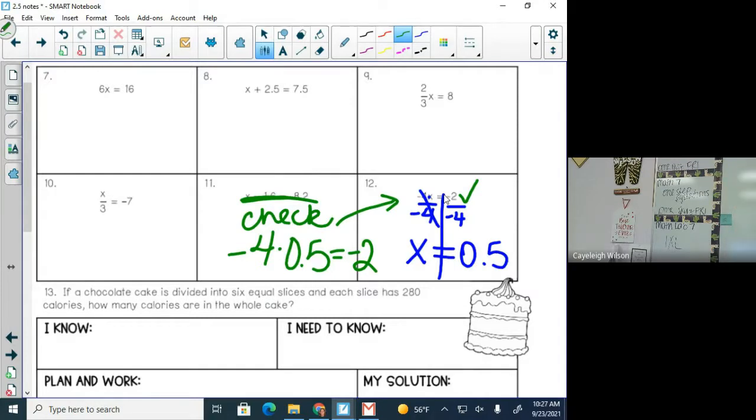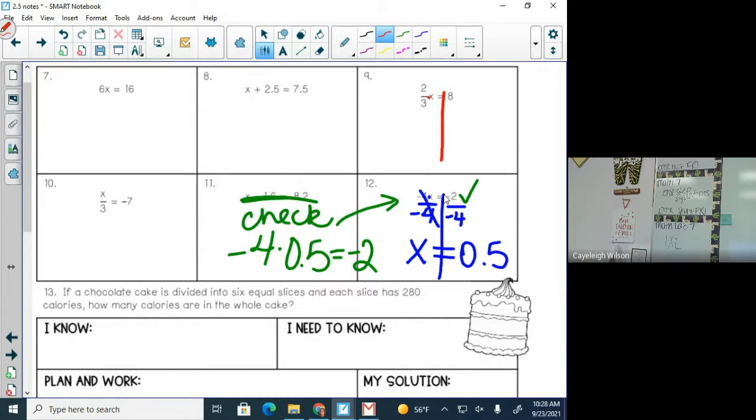So when you go to this one up here on number 9, this is technically 2/3 times x, right? Does everybody agree? That's 2/3 times x. So the opposite of multiplying is dividing. So you could divide both sides by 2/3. But when I'm dividing by a fraction, I end up multiplying by the flip.